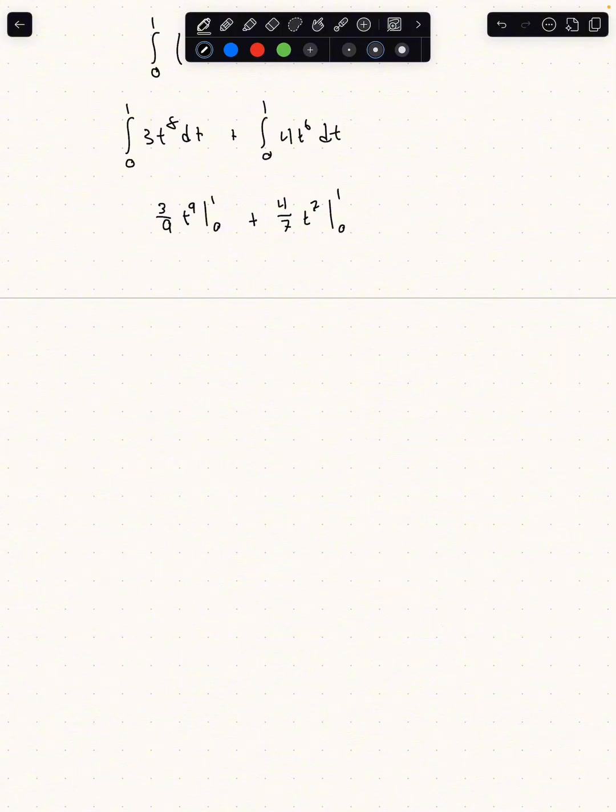And then simplifying, this will just become 1/3 plus 4/7. That becomes a factor of 21, so that becomes 19/21. All right.